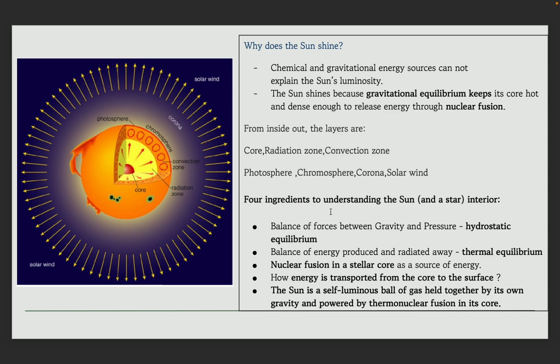We have to balance the energy produced and radiated away, that is the thermal equilibrium. Nuclear fusion in the stellar core is the source of the energy for the sun, the sunlight and stars. We have to understand how the energy is transported from the core region to the surface. The sun is a self-luminous ball of gas which is held together by its own gravity and powered by thermonuclear fusion in its core.